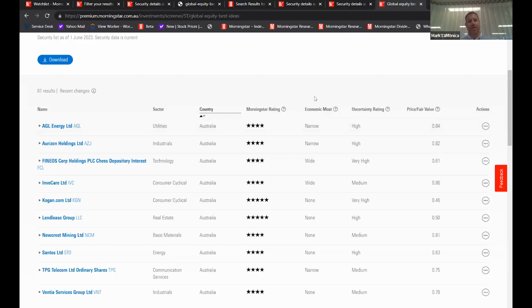So really what I'm saying about economic moat is that this is a long-term investment strategy. If we're trying to find companies with a sustainable competitive advantage, we have to realize that over the short term, a lot of different things are going to drive security prices. Over the long term, the company should benefit from having this advantage. So if you're looking for companies with moats, make sure that you're focusing on the long term.